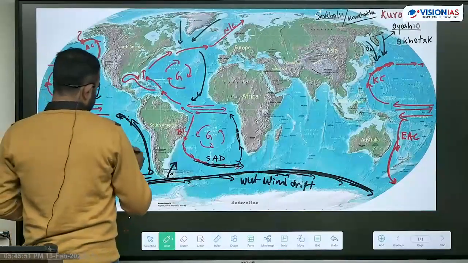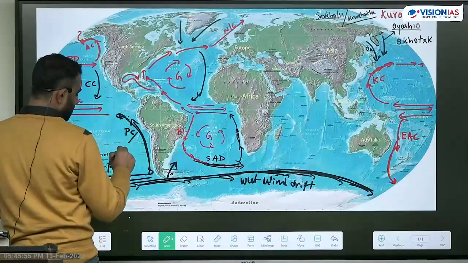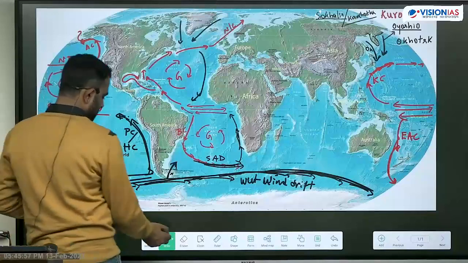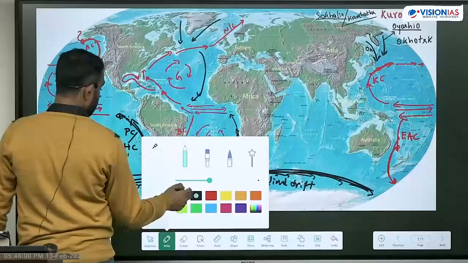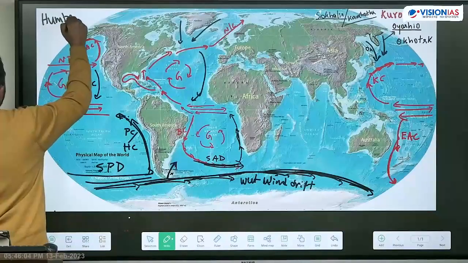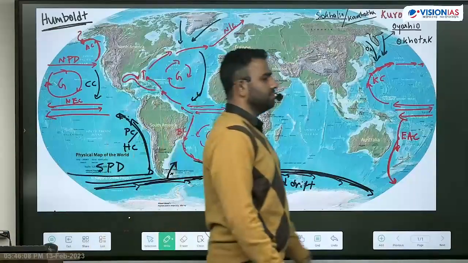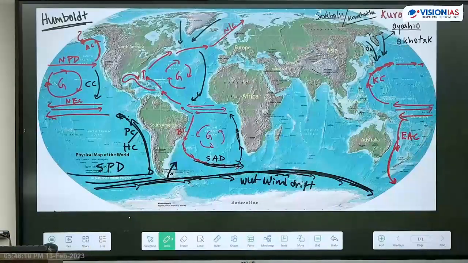What is the name of this? It is the Peru Current or Humboldt Current. Humboldt is a very famous geographer. He himself discovered this. He is a great traveler.